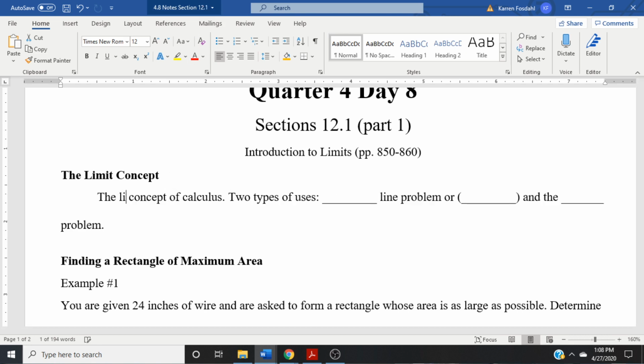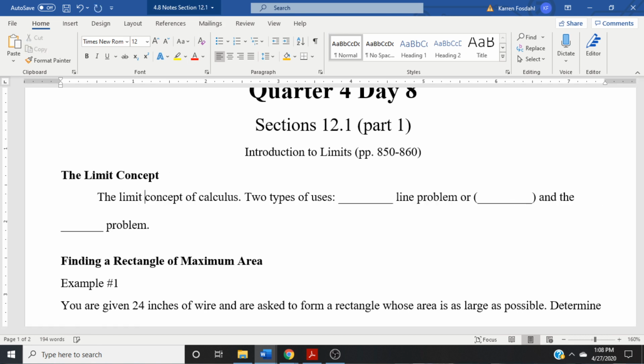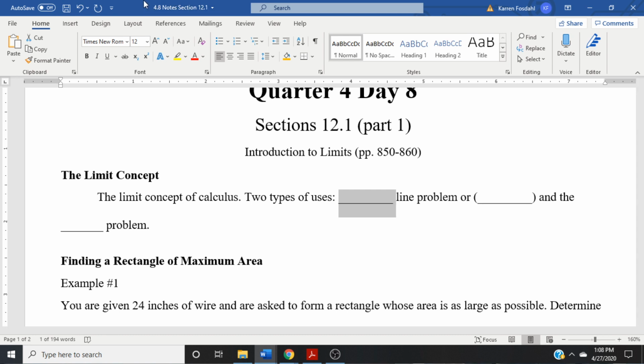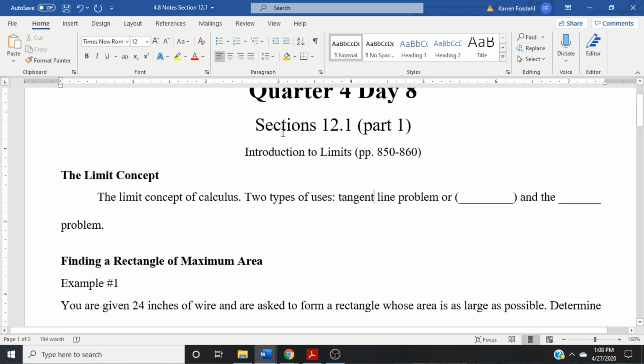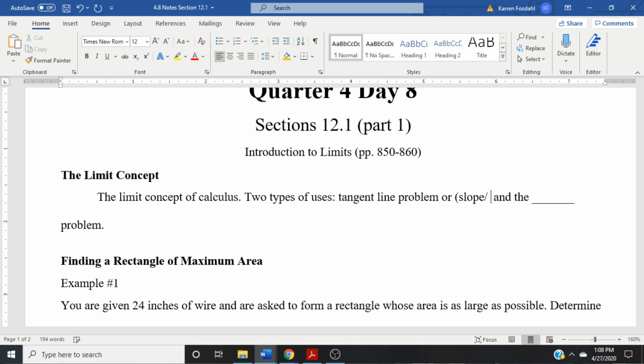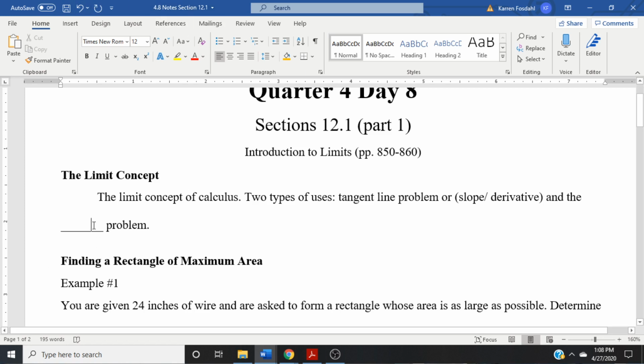Okay, the limit concept in calculus, there are 2 types of uses. And this is actually crucial. So the tangent line problem, or you could say slope / derivative. So slope / derivative, or the area problem.